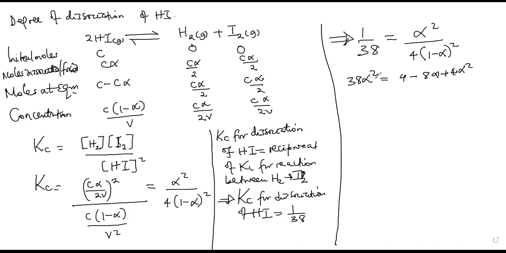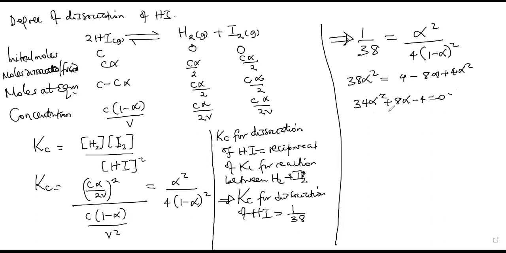So you bring everything to this side, we shall have 34 alpha squared plus 8 alpha minus 4 equal to 0.